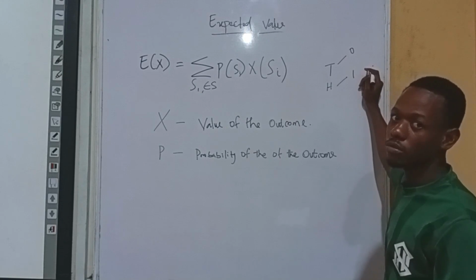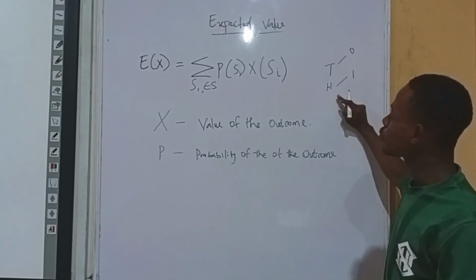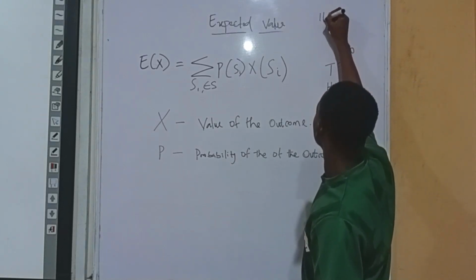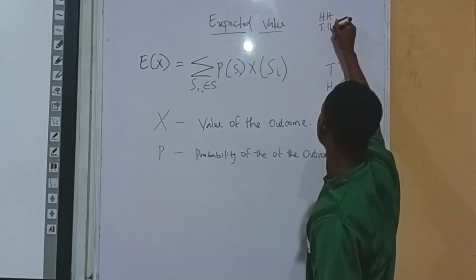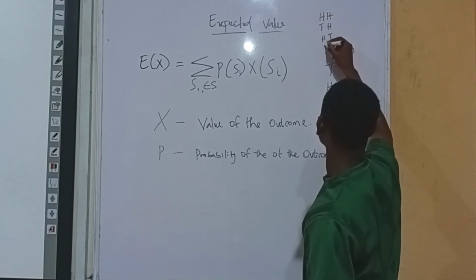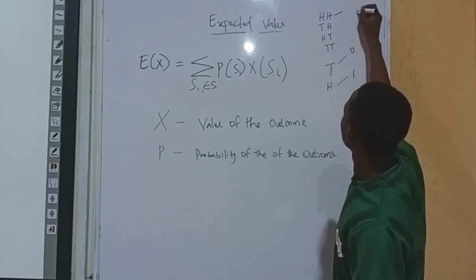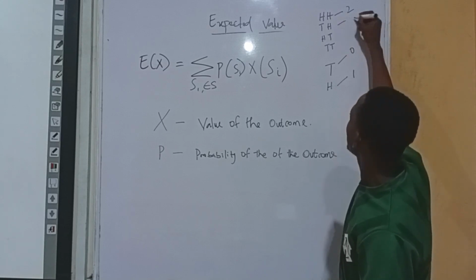to 1. But in a case where we toss 2 coins at a time, the random variable can be head head, tail head, head tail, and tail tail. So in this case, we have 2 for the head. Here we have 1.